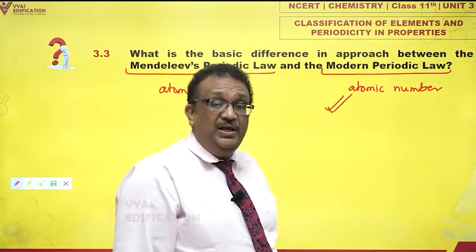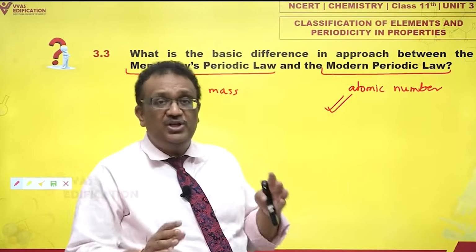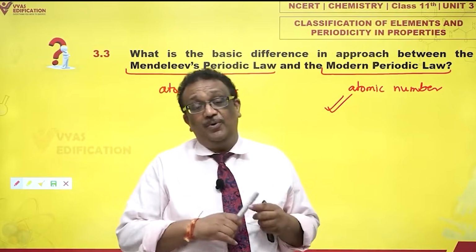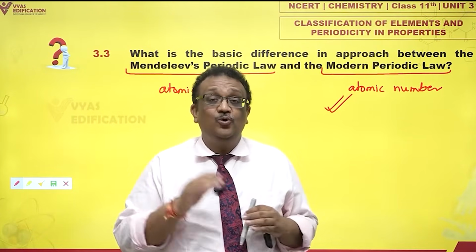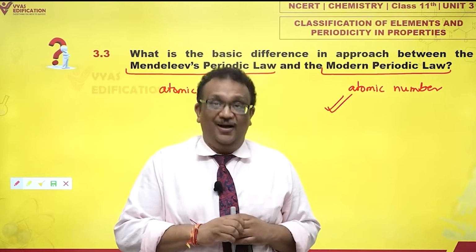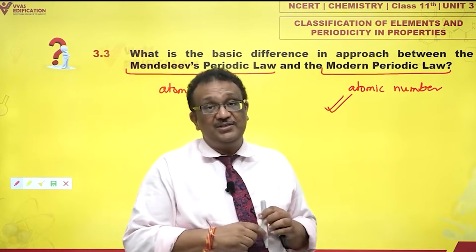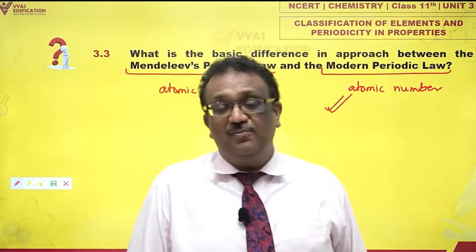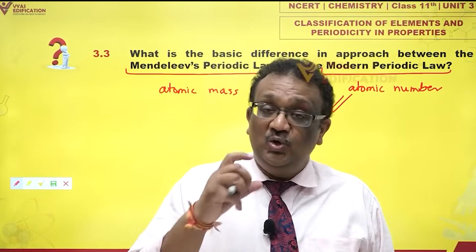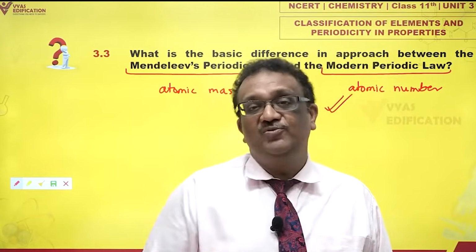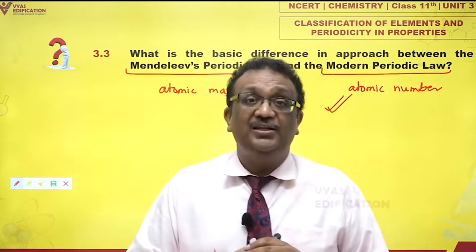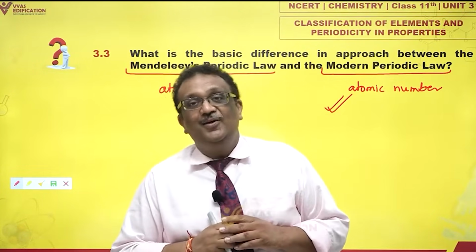So they should be in the same group or in the same location of periodic table. If you take atomic mass as the fundamental property, you would place isotopes into different boxes or different locations. While if you're using modern periodic law and atomic number as the most fundamental property, you would find all the isotopes present exactly at the same location, which also reflects that they indeed have similar chemical properties.